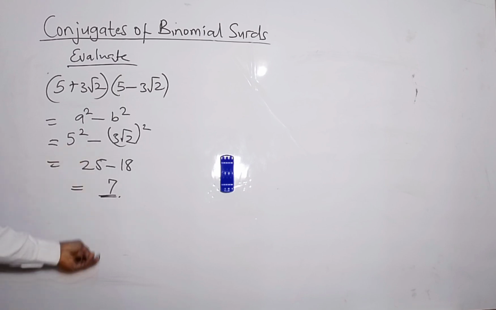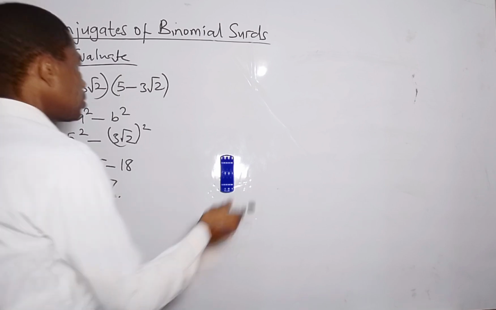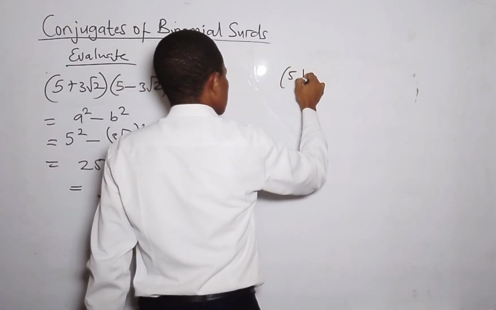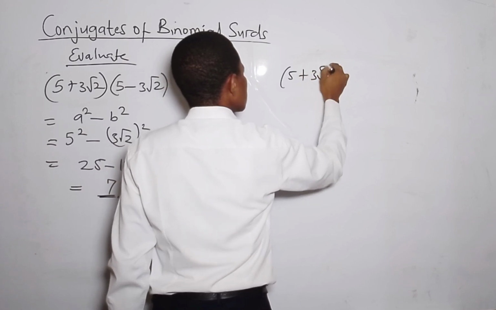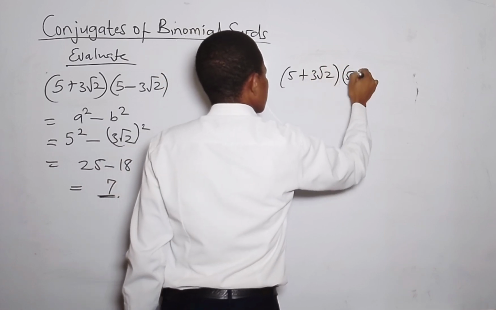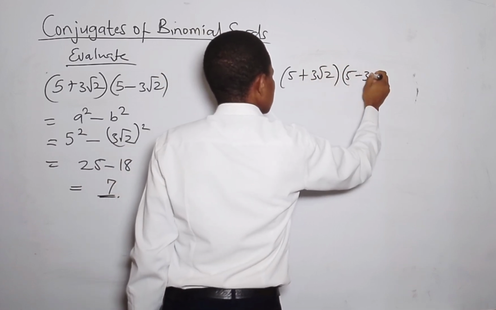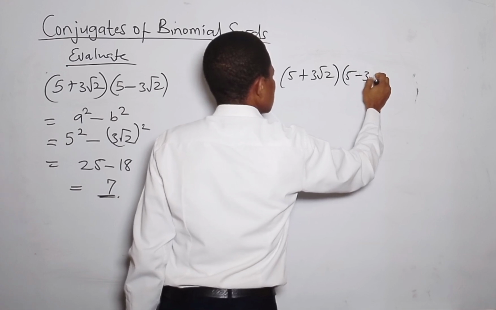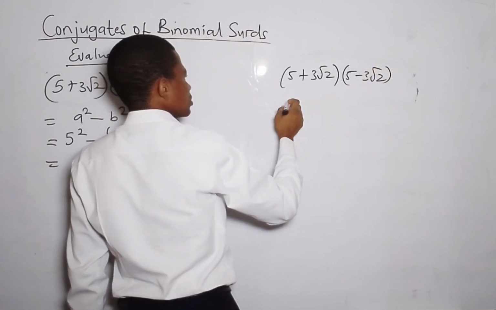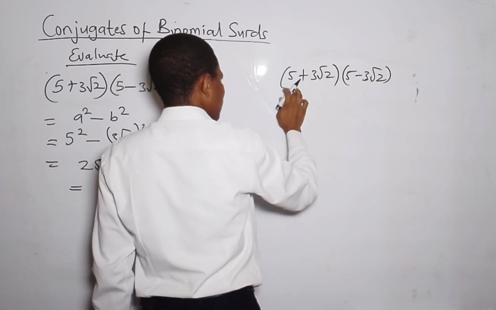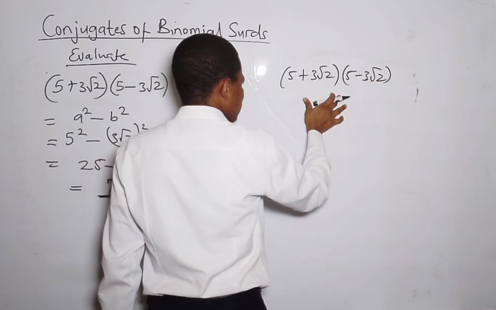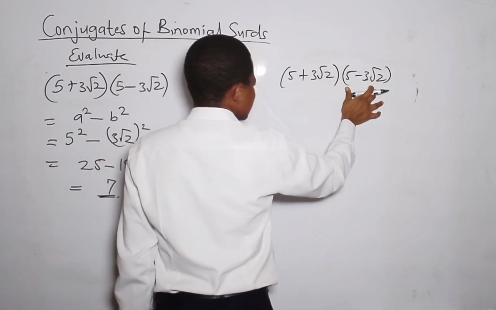So we can come this way, or we can expand and see whether or not we are correct. 5 plus 3 root 2 in brackets, 5 minus 3 root 2 in brackets.